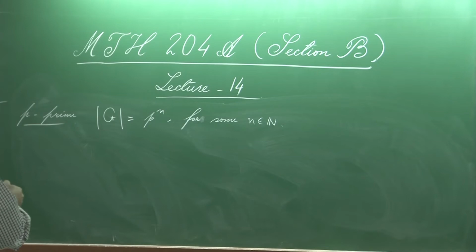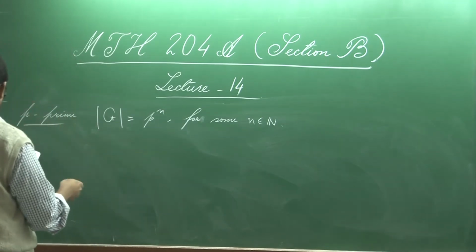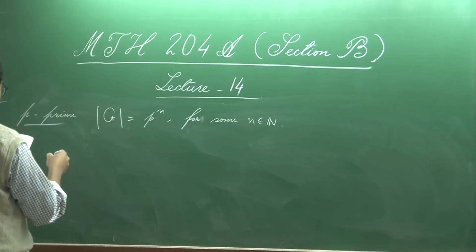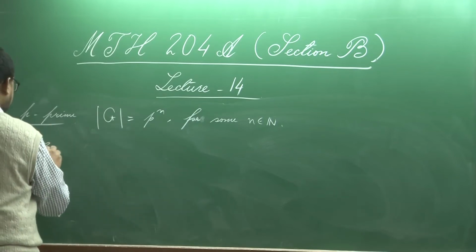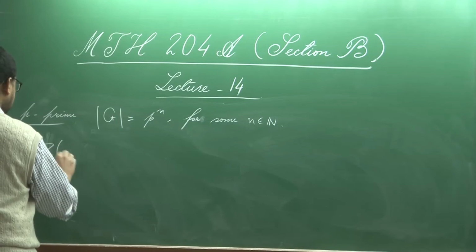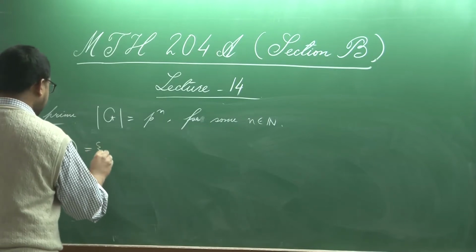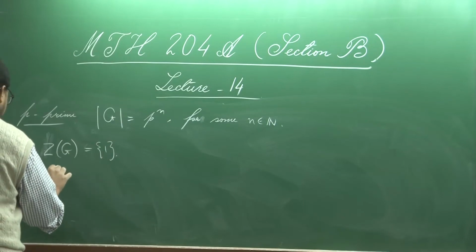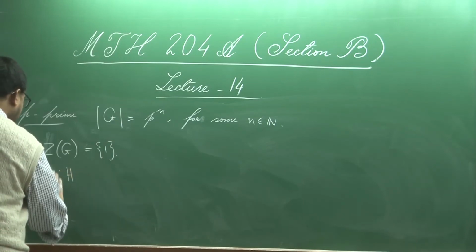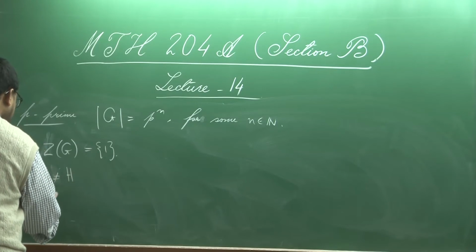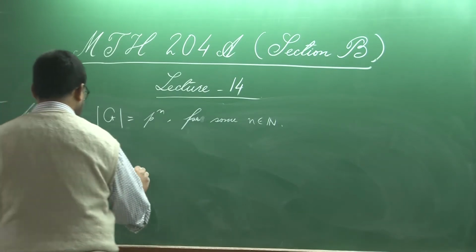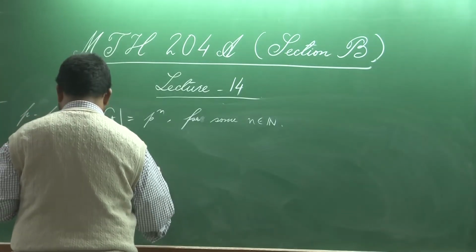So what do we know about P groups? Already we have deduced the following: for P groups the center is non-trivial, and furthermore, not only the center, if I take H to be a non-trivial normal subgroup of G, then that also intersects the center non-trivially.